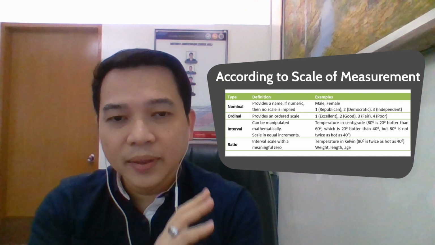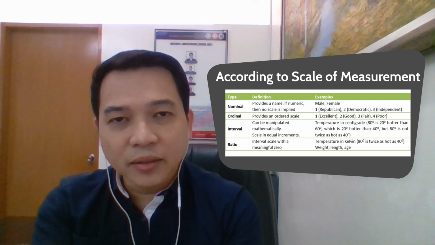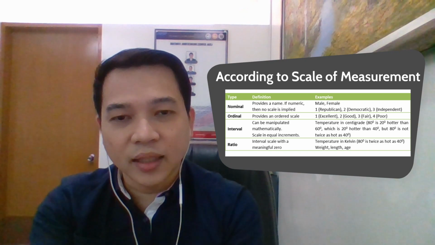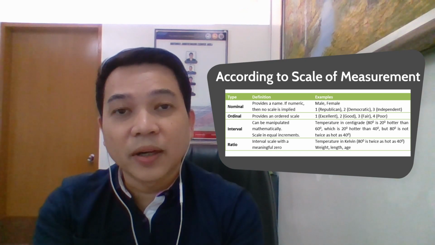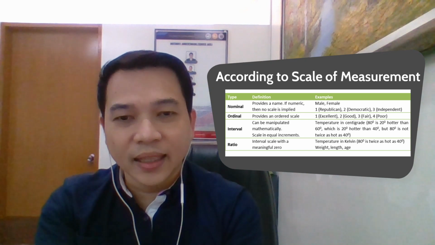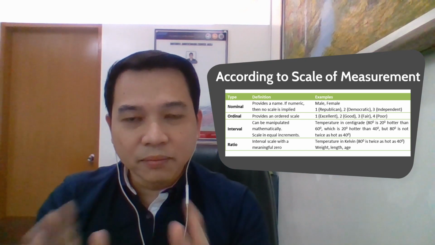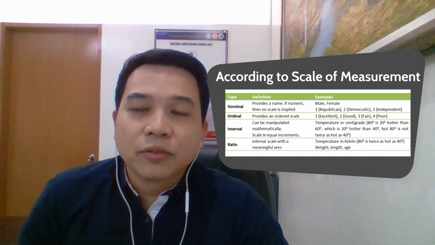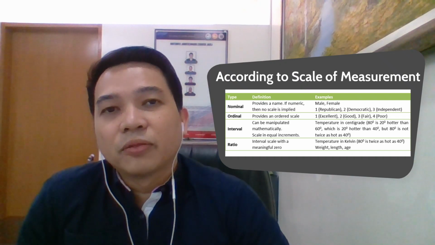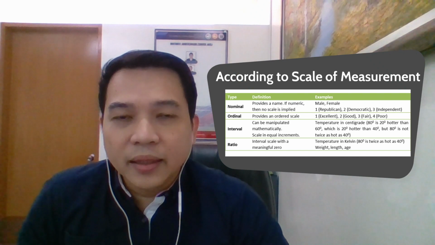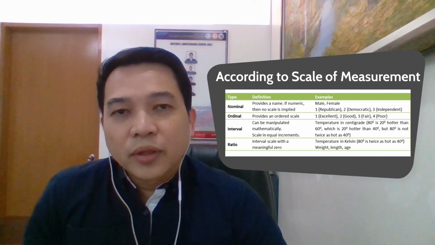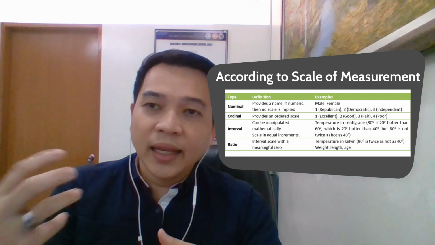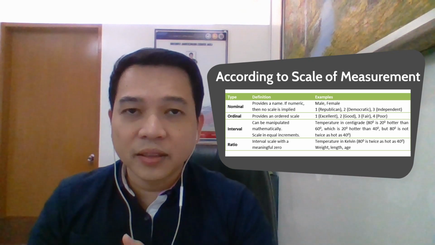Again, the keyword here is the root word nomen, which means name. So the names of the terms used are the ones that we are using as part of the scales of measurement. Okay, so again, the numerical data that you encounter when you ask for surveys or interview people, when you get their data, let's say scores or grades, these are part of interval and ratio.